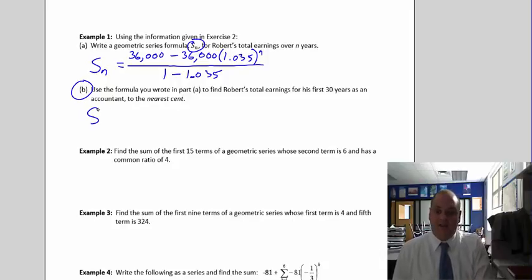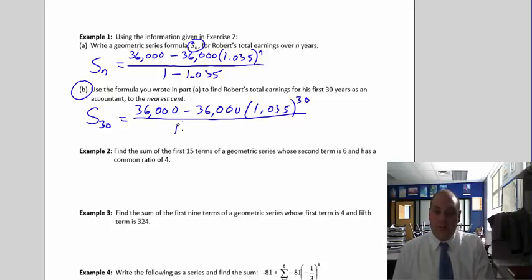All right, so S30 equals 36,000 minus 36,000 times 1.035 raised to the 30th power over 1 minus 1.035.